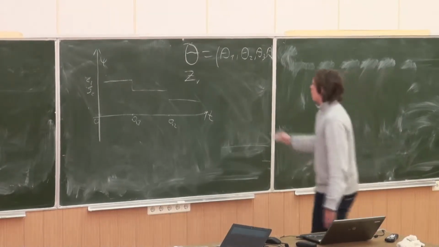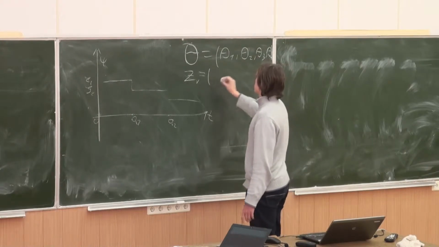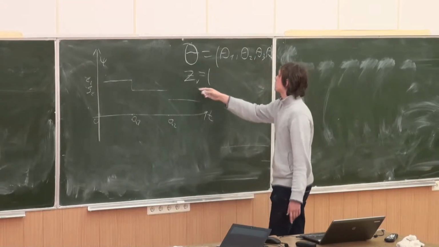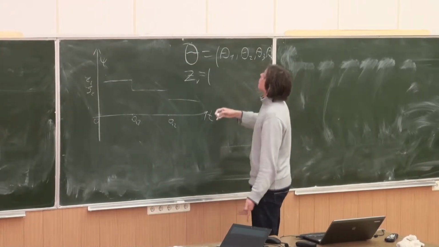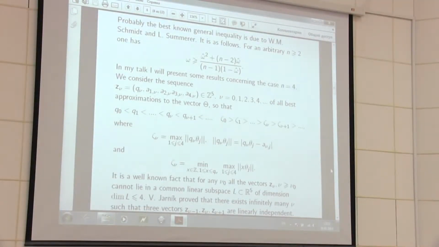What do we know about the vectors of best approximations zeta nu? We know that all these vectors cannot lie in a subspace of dimension 4.